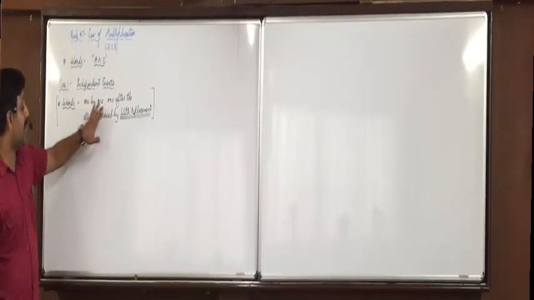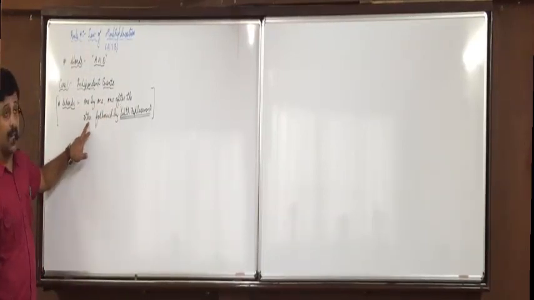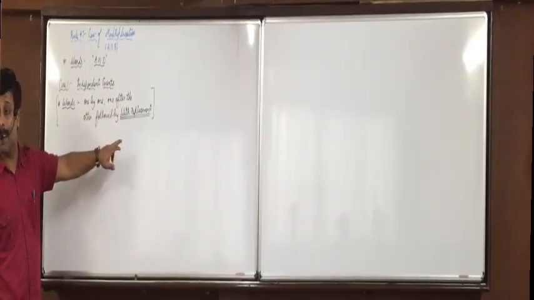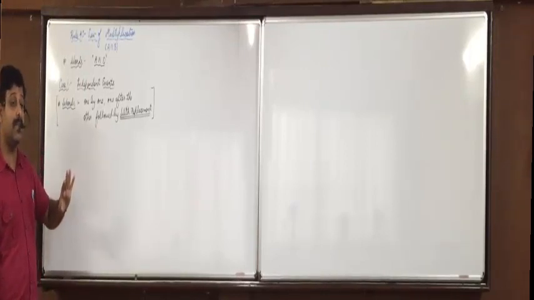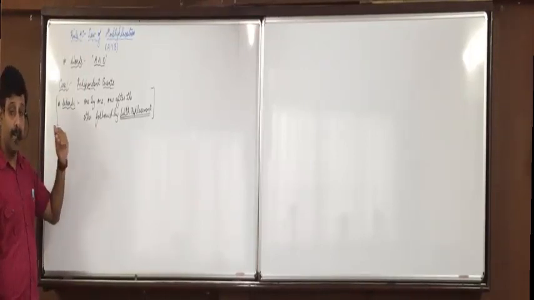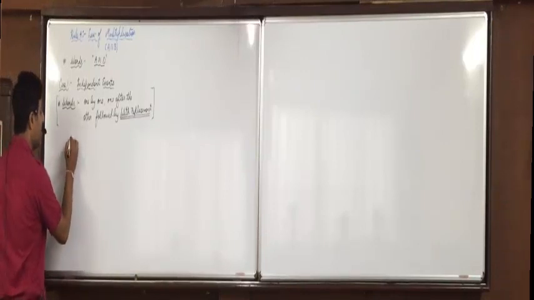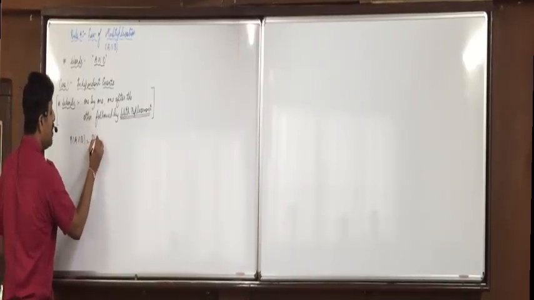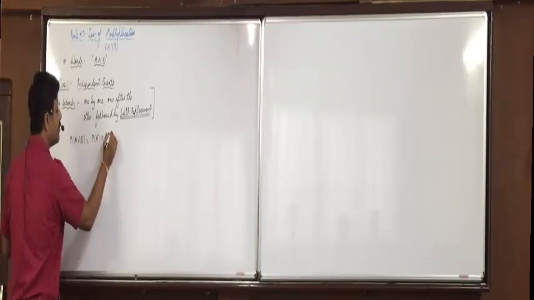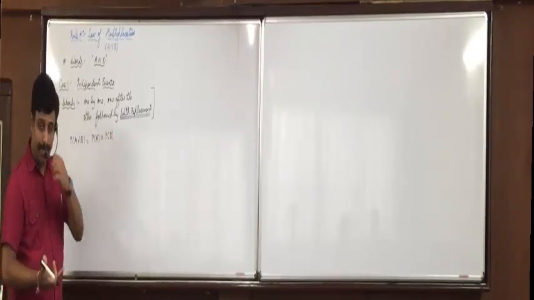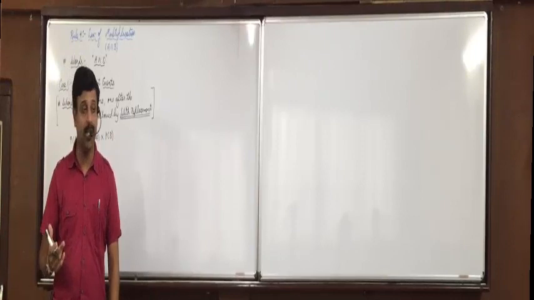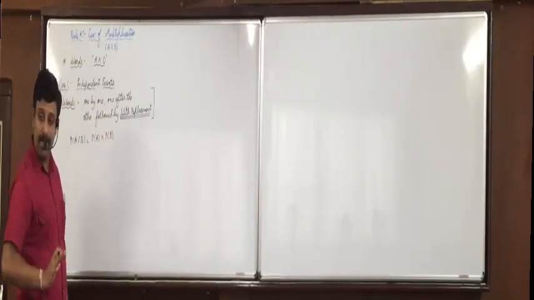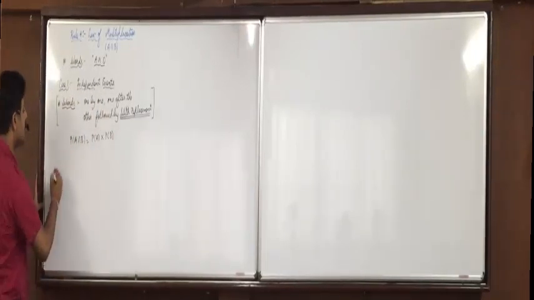So if the words "one by one" or "one after the other" come, followed by "with replacement", you have to follow independent events. Now what is the formula of A intersection B for independent events? Simply P(A) into P(B). That's it. Law of multiplication: P(A intersection B) will be equal to P(A) into P(B). Understood that?